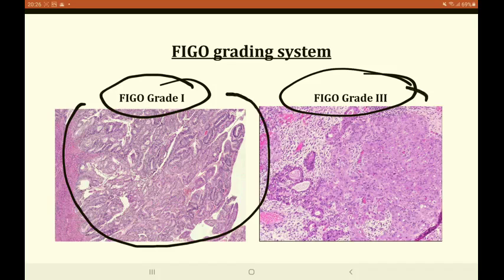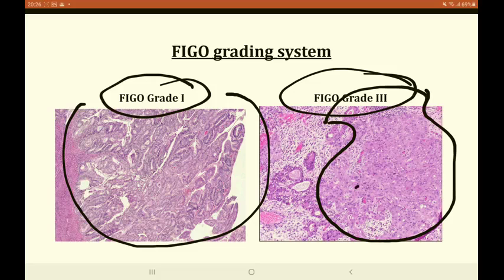Whereas in FIGO grade 3, we see a considerably higher amount of non-squamous solid area that comprises more than 50% of the area. So anything in between, with more than 5% but less than 50% non-squamous solid growth pattern, will be FIGO grade 2.